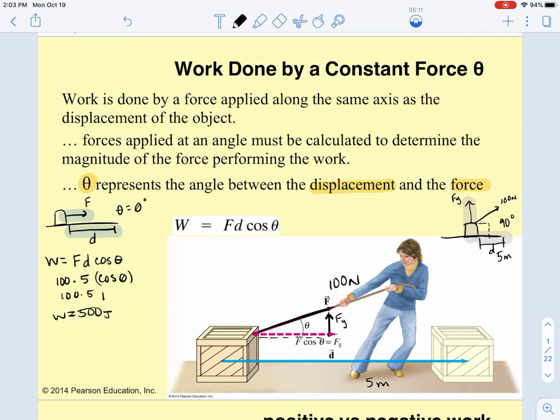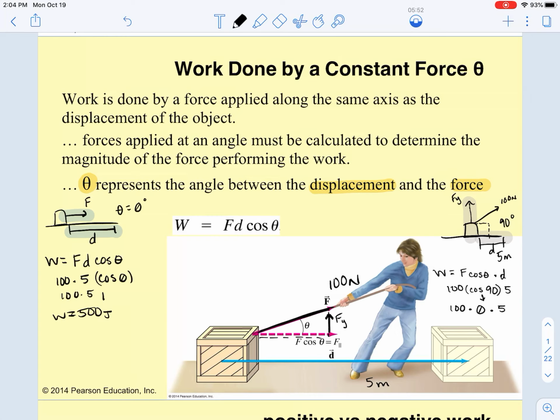So when we are calculating the work done here, this is going to be the force times the cosine of theta, because it is the force component that is parallel to the direction of the object's displacement. Okay, so we're going to put in 100 newtons of force, but we have to turn around and multiply that by the cosine of theta, which in this case is the cosine of 90 degrees. So if you were to take your calculator and put in the cosine of 90, you would see that this comes out to be a value of 0.